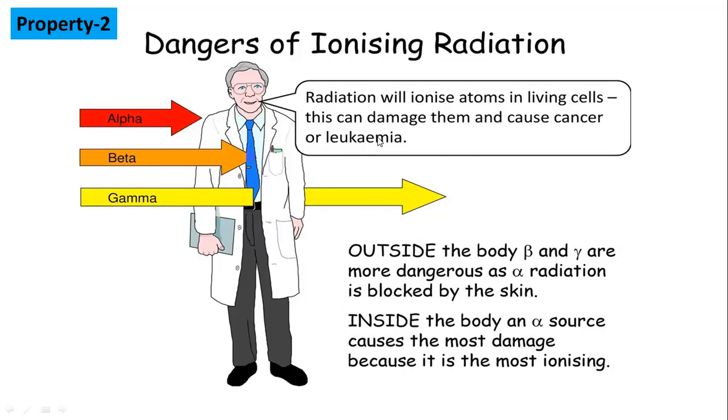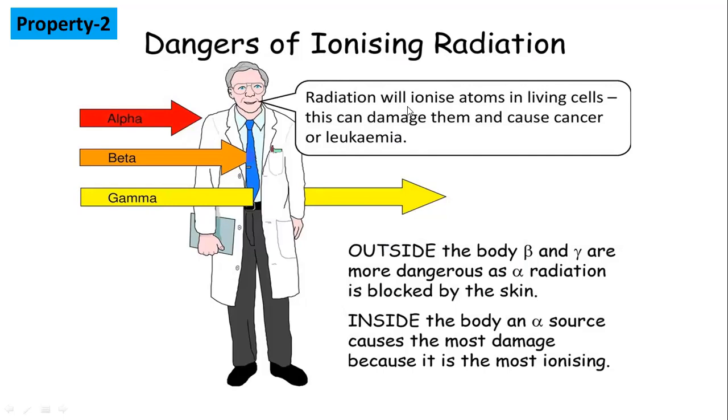The second property, which is more important, is the ionization power of these radiations. That means the dangers of the ionizing radiation. Ionizing radiations are the alpha, beta, and gamma radiation. We call them ionizing radiations because they have the ability to ionize the material or matter.